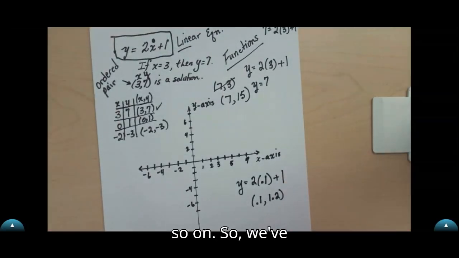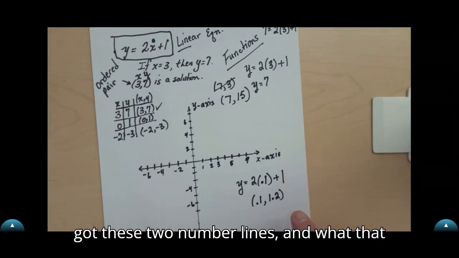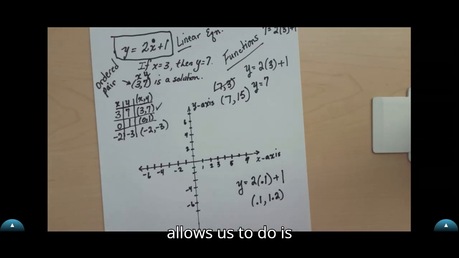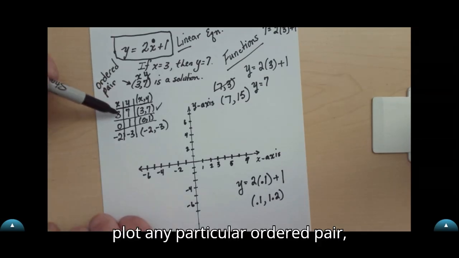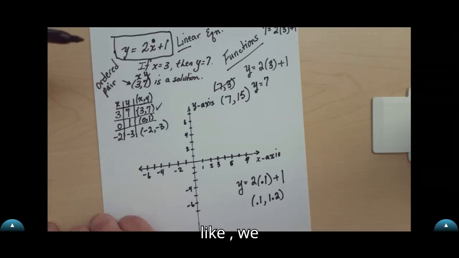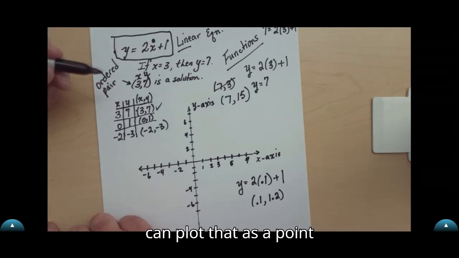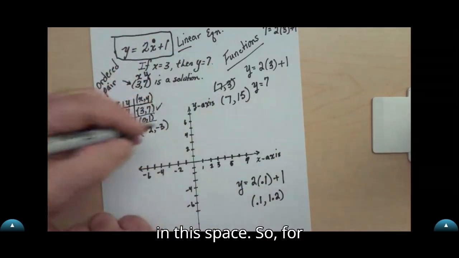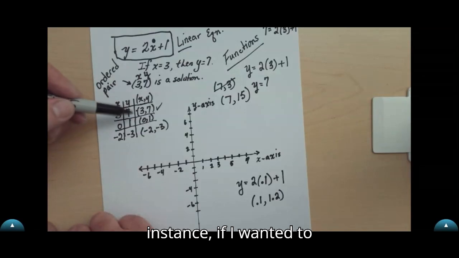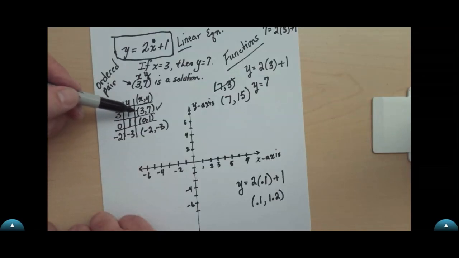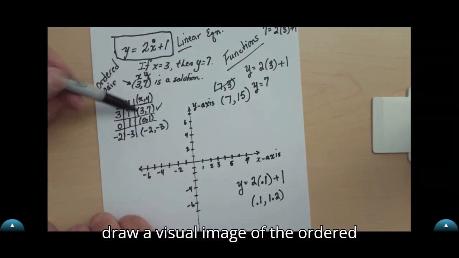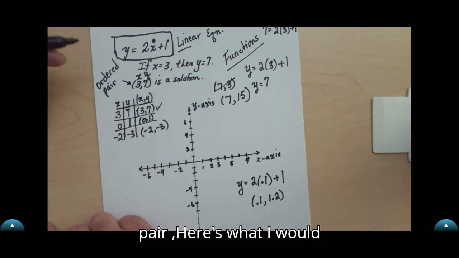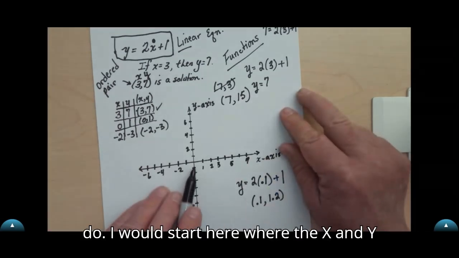So we've got these two number lines, and that allows us to plot any particular ordered pair, like 3, 7. We can plot that as a point in this space. If I wanted to draw a visual image of the ordered pair 3, 7, I would start here where the x and y axes cross.